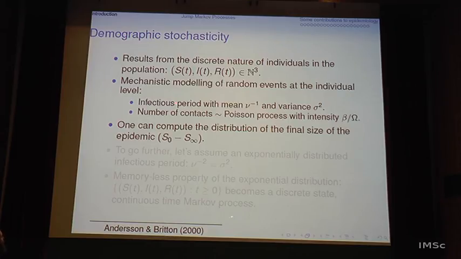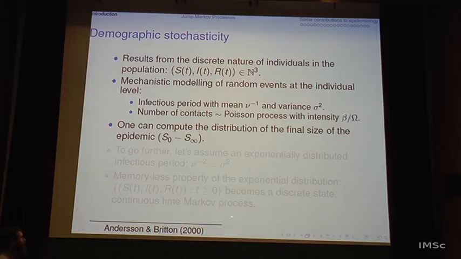And so, for instance, I'm going to say that the infectious period comes from a distribution which has some mean and some variance, and that the number of contacts between individuals, given that I have an infective individual, is going to contact a given other individual according to a Poisson process with intensity beta over omega.